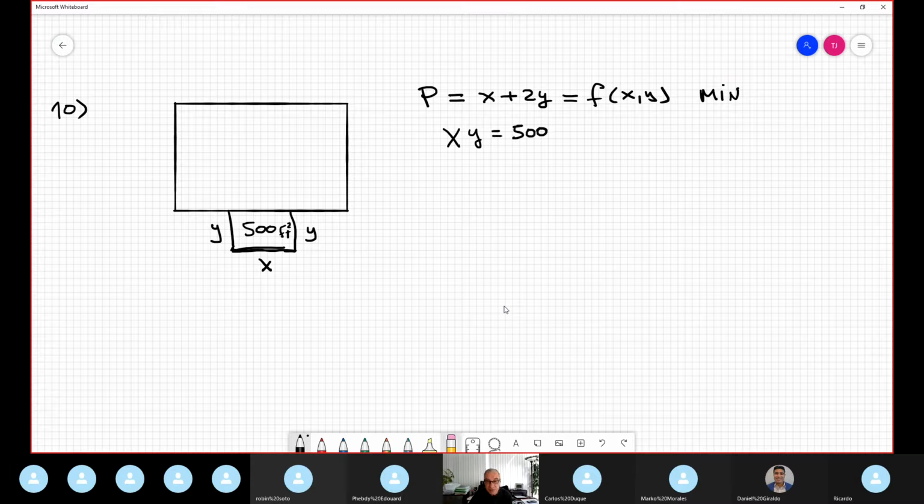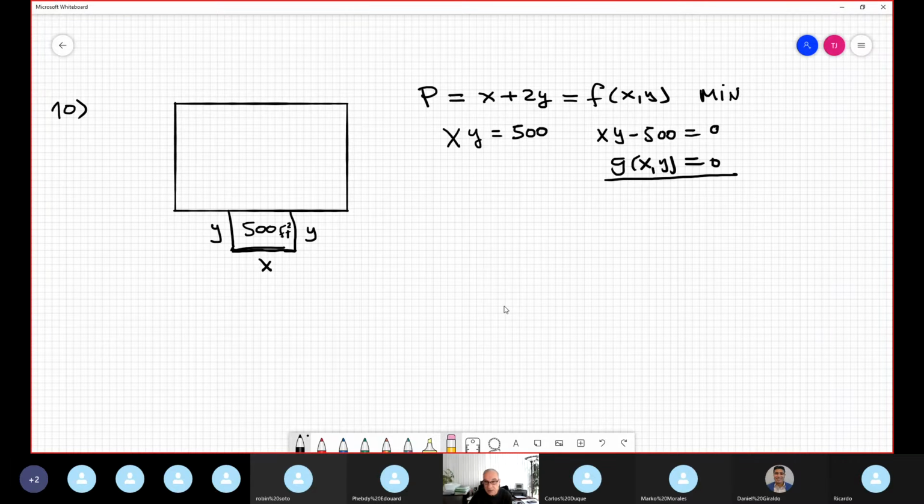Expressed in the language of Lagrange multiplier, it is x times y minus 500 equal to 0. And this is g of x comma y equal to 0.